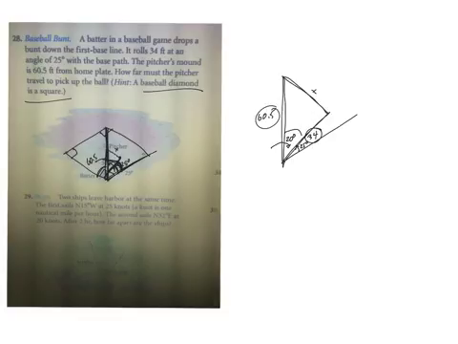Let me show you that again. So I've got a square. I'm not very good at drawing those. Here's the pitcher's mound. And so if I were to draw four triangles there, each of them would be right angles. So this is a right angle. But this one here was a right angle too, but it gets cut right in half. So this angle is 45 degrees, and this angle would be 45 degrees too.